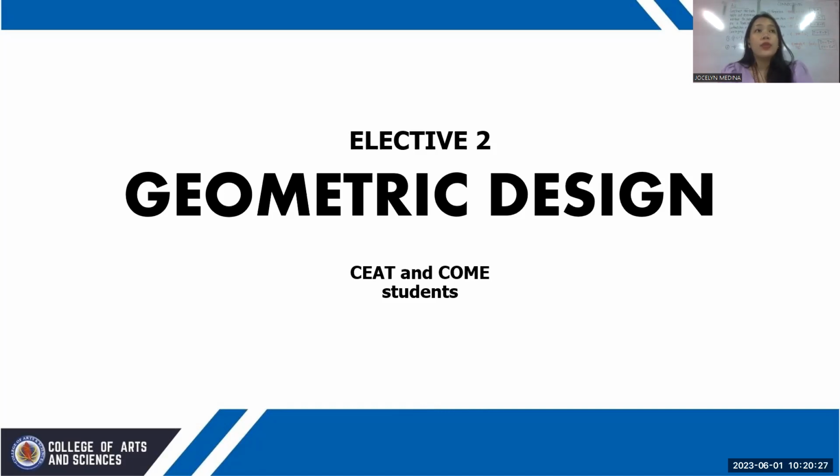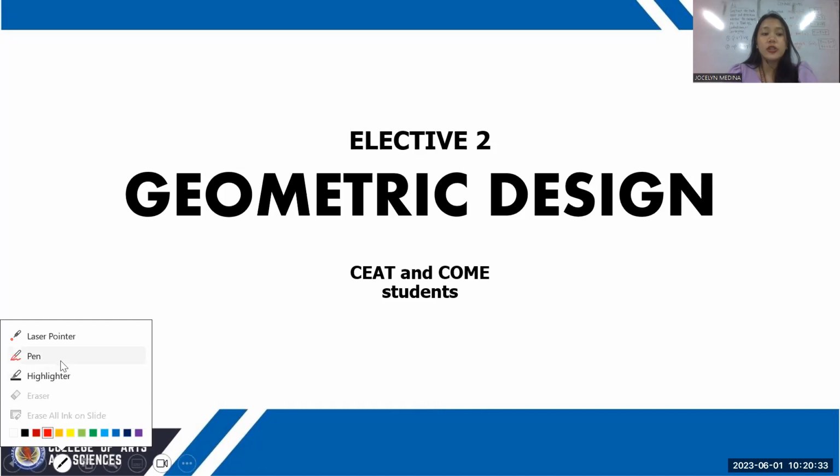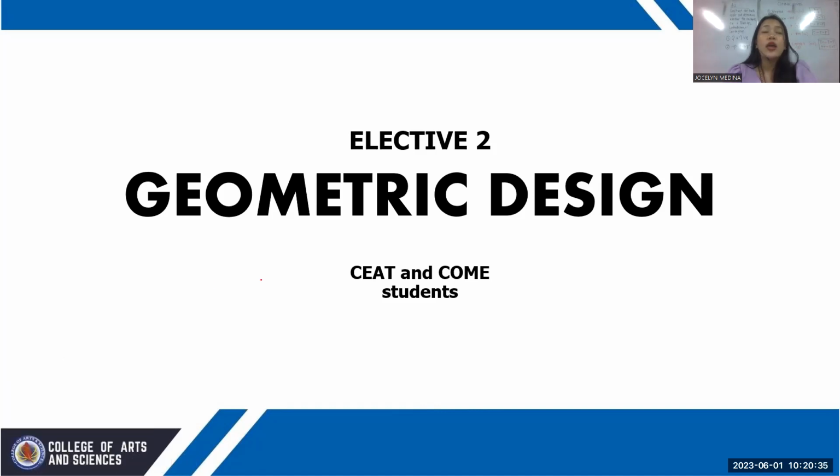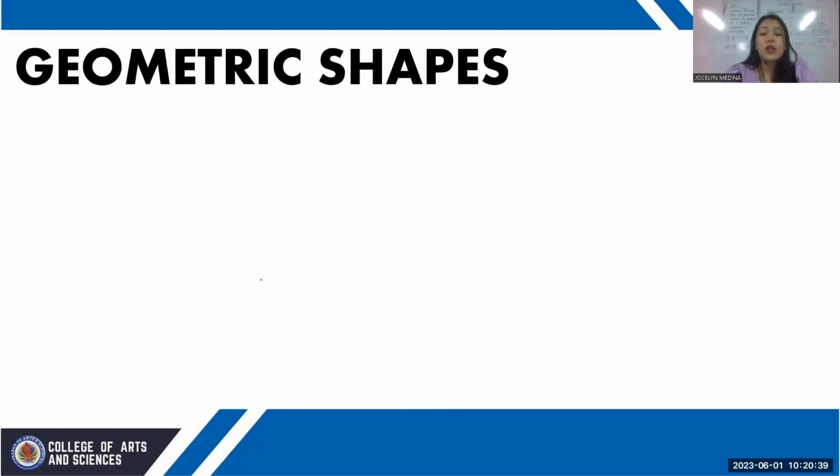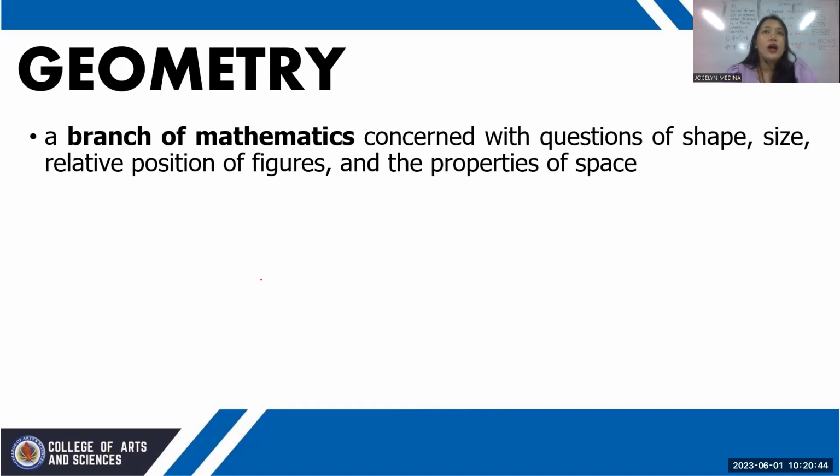So, dito sa ating geometric science, we're gonna have two major topics, which are on your geometric symbols or geometric shapes. We already know that geometry tackles mathematics that talks about shapes, sizes, and properties of any figure.